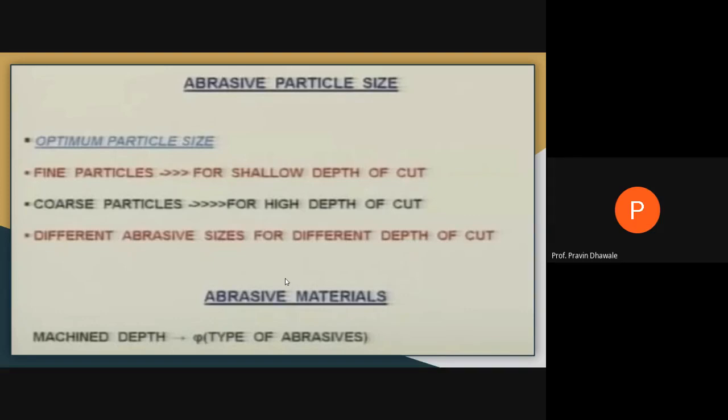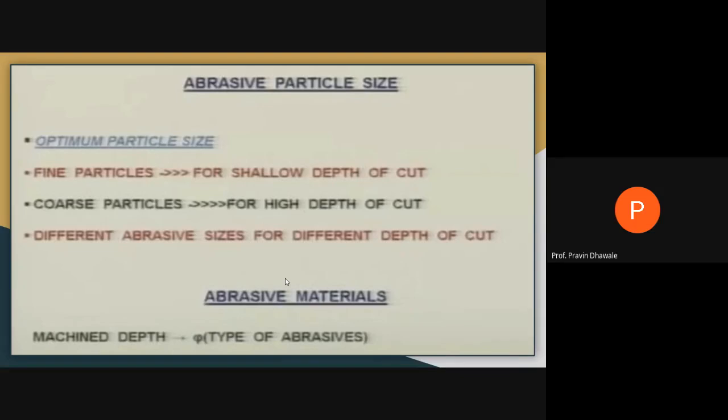As per the requirement of the depth of cut, you may choose the size of the abrasive, as abrasives are available in different size variants. The machining depth or metal removal rate will mainly be based on the type of abrasive particles you are using, and what the size of these abrasive particles is, whether fine or coarse.